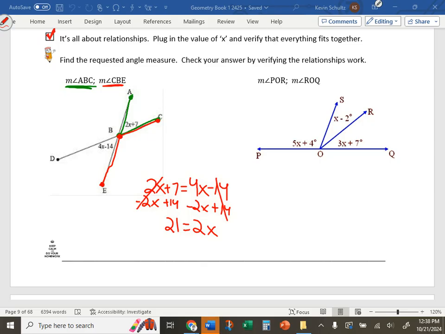We get our variables on one side, constants on the other side. And what does x equal? 10.5. Which is not the answer. The answer is, what is the measure of angle ABC? Well, if x is 10.5 and ABC is 2x plus 7, then 2 times 10.5 plus 7 equals what?